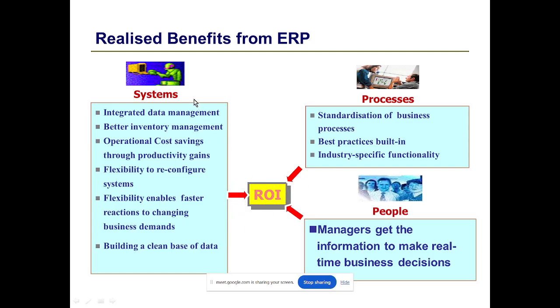That means all are integrated. People, process, and systems are all closely integrated. People, the managers, get the information, real-time data for decision purposes. And the process I already told you: different types of business processes and integrations. So all are integrated.